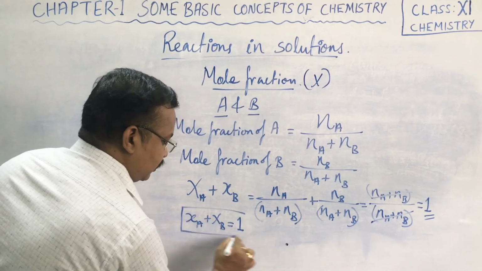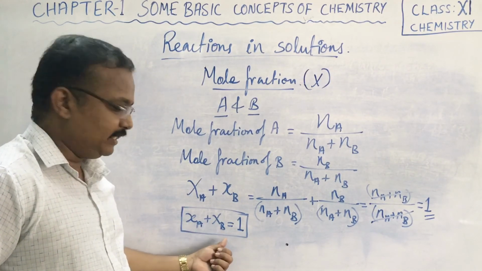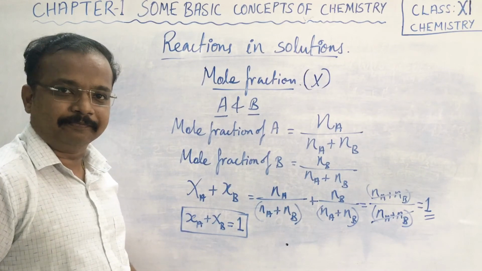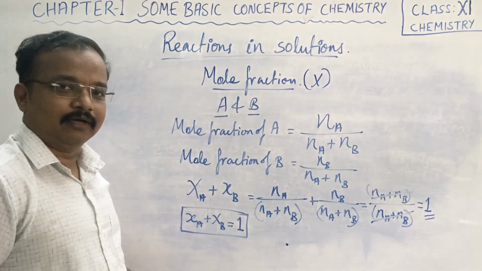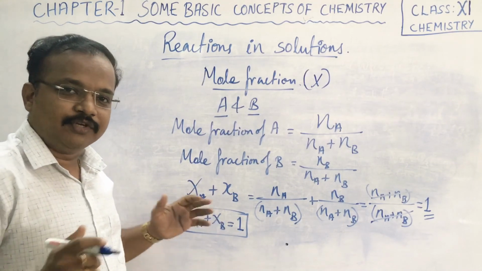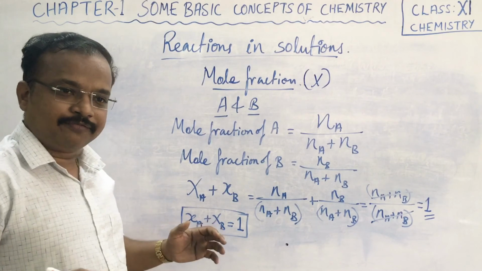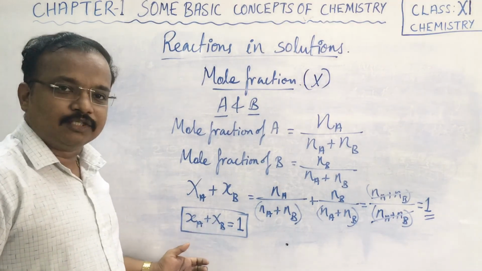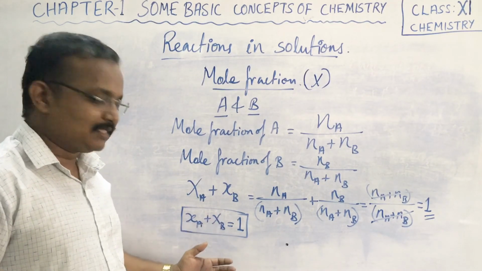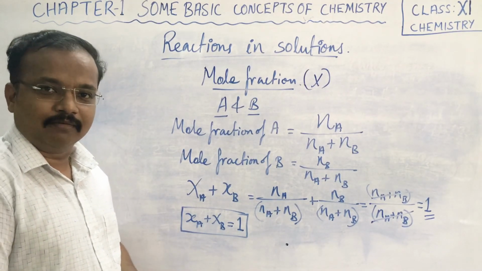The mole fractions of component A and component B add up to 1. If one component's mole fraction is not given, you can do 1 minus the other component and you will get the mole fraction of the other component.